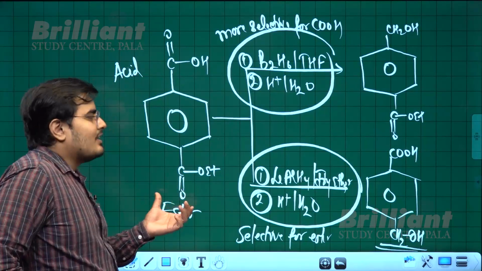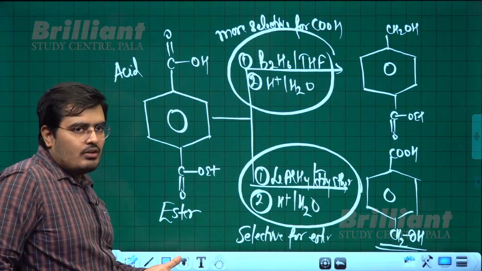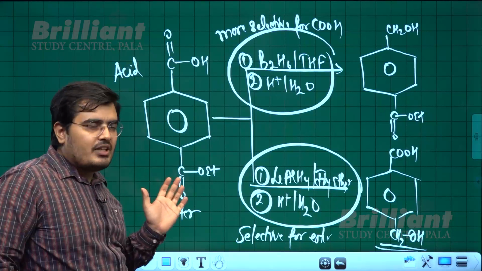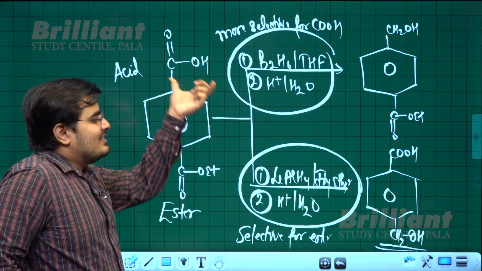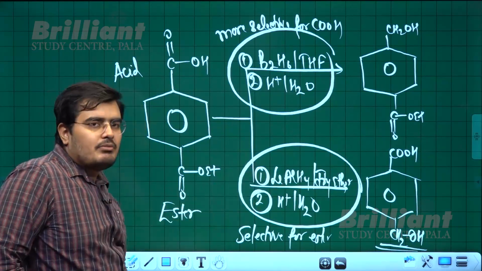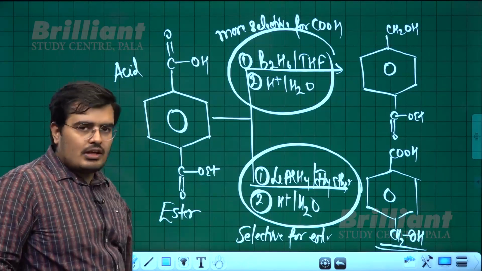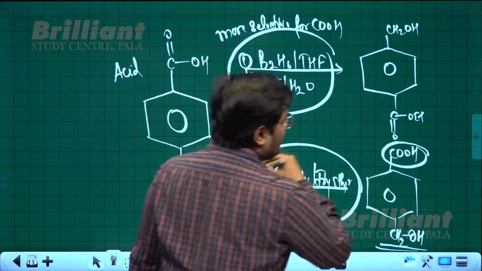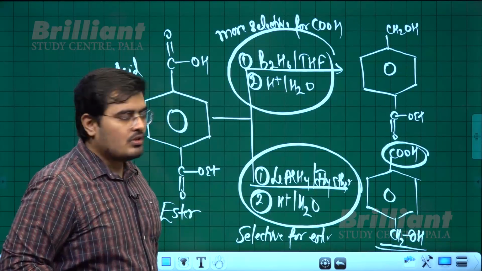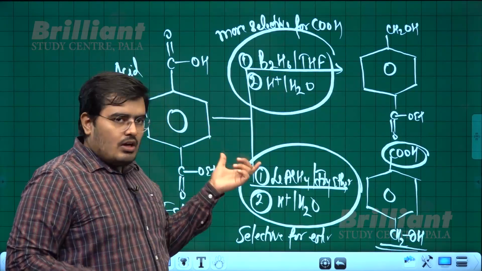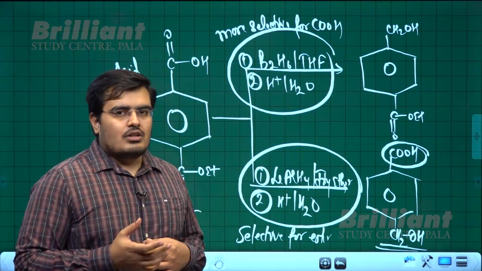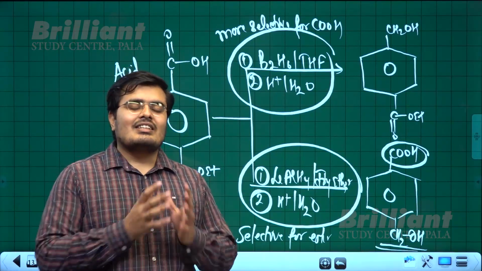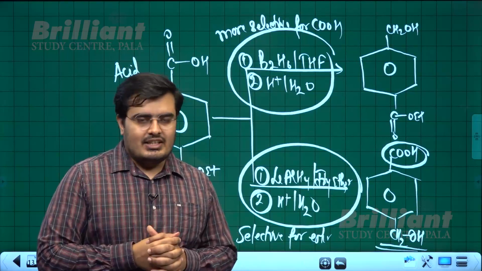Now one thing that you must wonder right now is, sir, just now on the previous page you said that acids can be reduced using lithium aluminium hydride also into alcohols. Then how come here you are saying that acid will not be reduced? So to answer this question, what we need to understand is the idea of chemoselectivity.